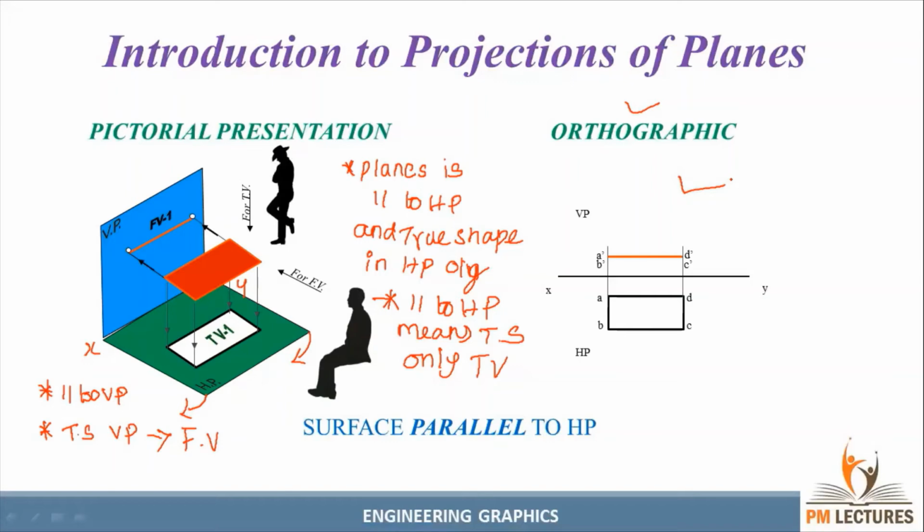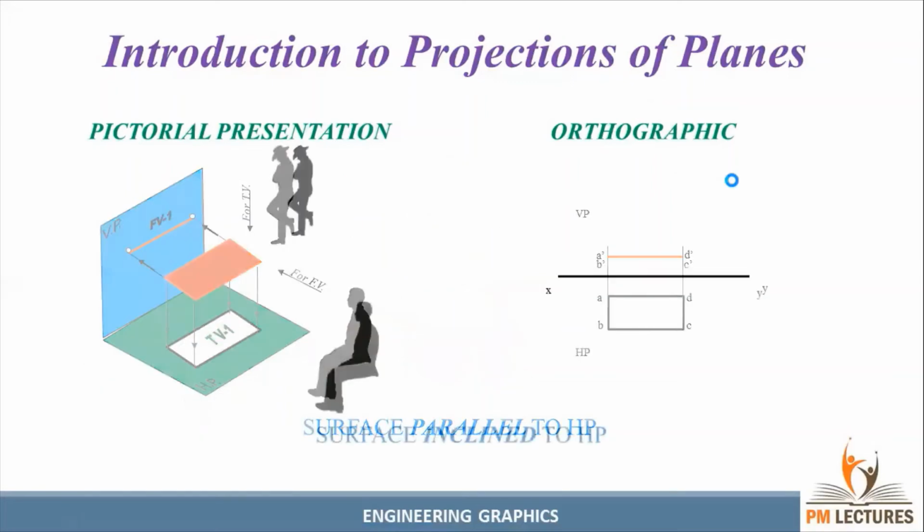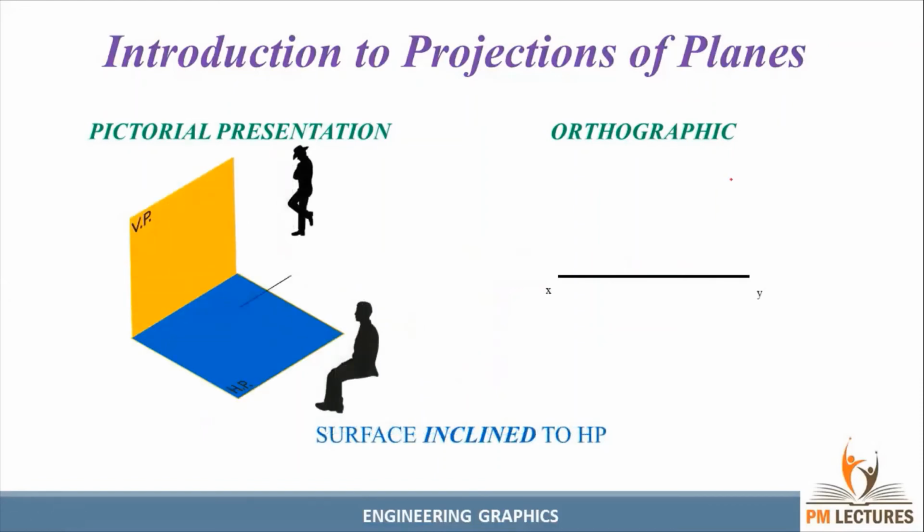Okay, that's all. Now I am going to the inclination of this plane. You can see the inclination now. We have the same VP and HP, that is vertical plane and horizontal plane. So we have a plane, and that plane is inclined to what? See here, the plane is inclined to HP. If the plane is inclined to HP, and I visualize this plane from the front view, I can get the inclined line. This inclined line will be visible above the XY line.